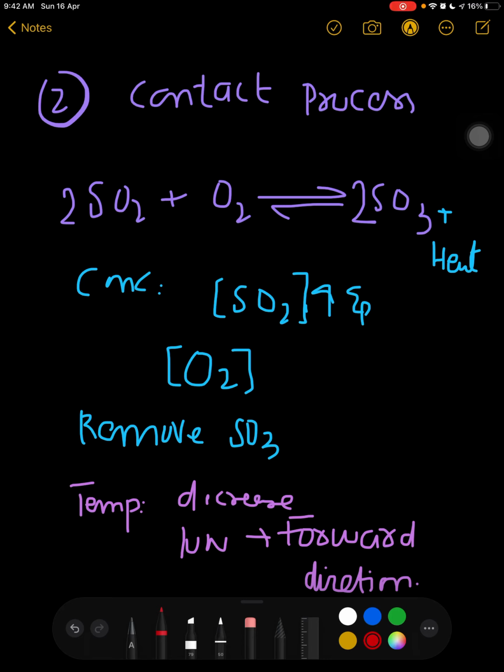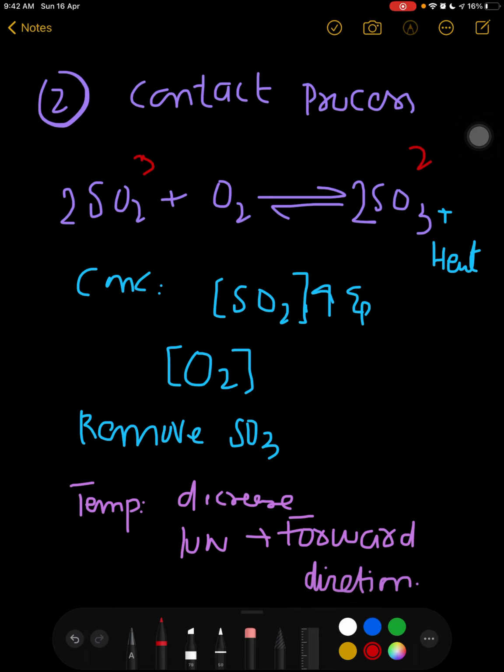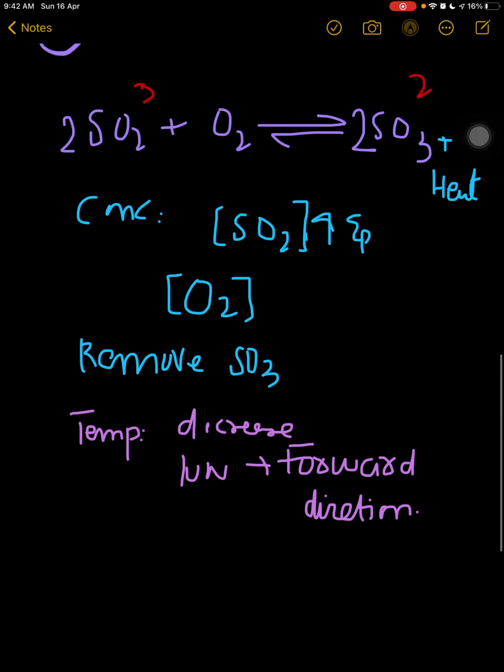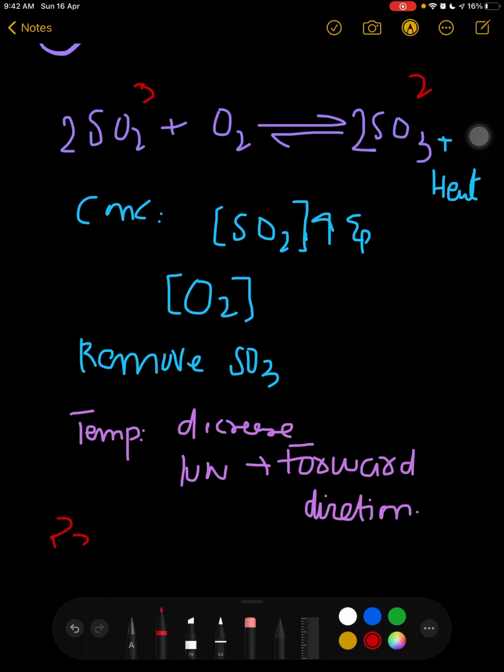Now if we talk about the moles and the pressure, here we have 3 moles and here we have 2 moles, right? If we increase the pressure, the reaction will move towards the side where there are fewer moles.